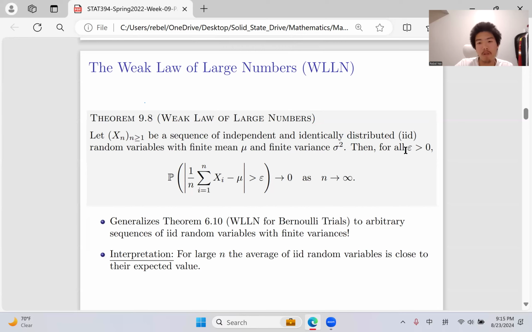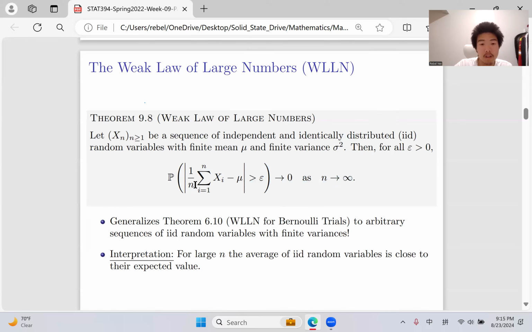Then for all positive numbers epsilon, which means for all very, very small positive numbers, the probability that the difference between this term and its mean is larger than epsilon goes to 0 when n approaches infinity.